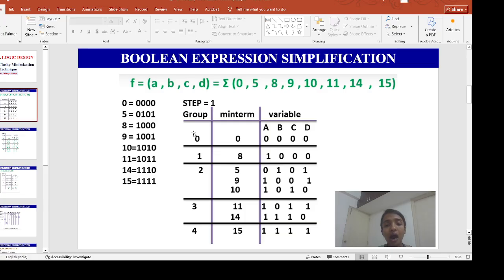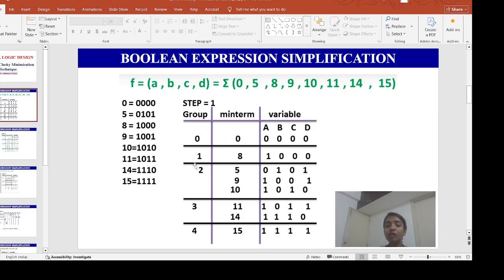Now how are we making this group? In the 0th group there should not be any one. We have to identify the group that is not having any one. Then in the first group, we have to identify the group where the number of 1 is 1.